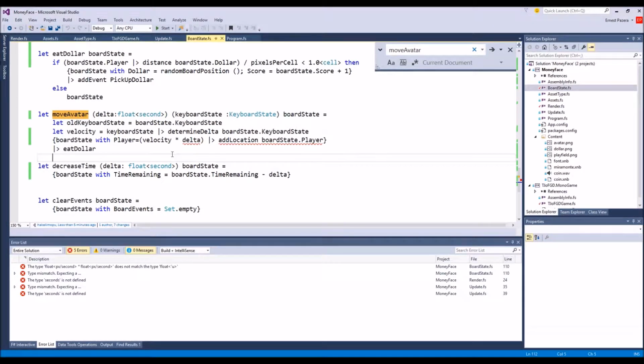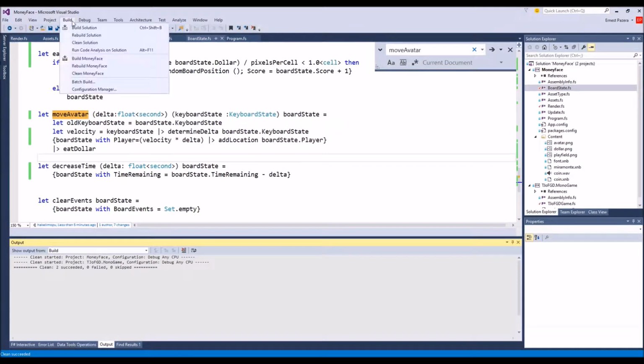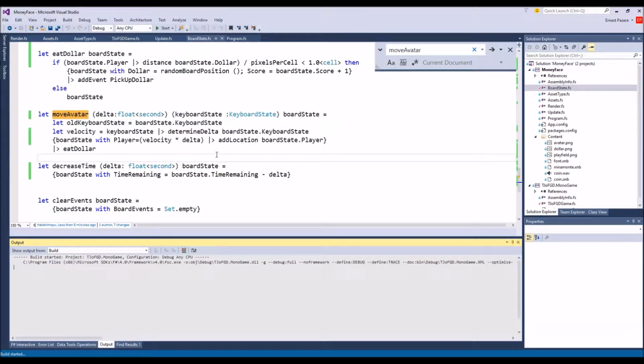Well, that's very bizarre, because delta is, let's clean you. Build. Oh.